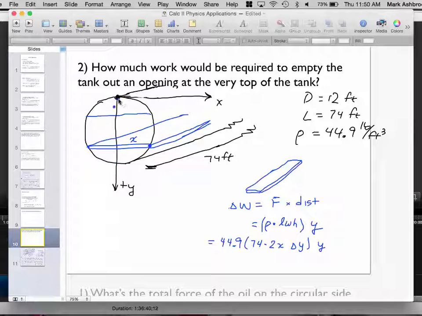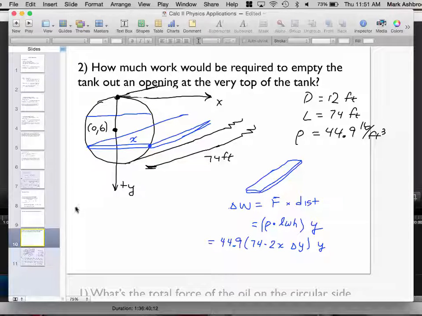Well, now if our origin is up here and positive y is this way, then that means the center of our circle is going to be 0, positive 6. The whole diameter is 12. We're starting from 0 at the top. Now the center of the circle is 0, 6.